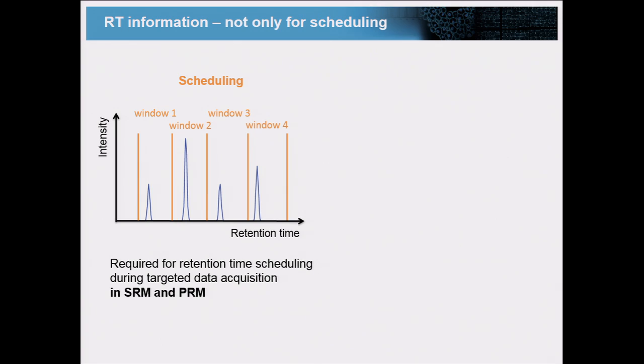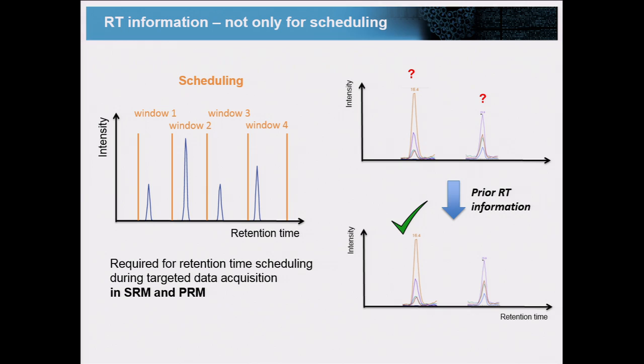A last note on scheduling and retention time before we continue to the next topic. Till now I was mostly explaining retention time in the context of scheduling, but that's of course not the only time when we use retention time. If you remember from the talk of Tina, we use retention time for scheduling in SRM and PRM, but we use retention time in any type of targeted proteomic workflow, also for the identification.